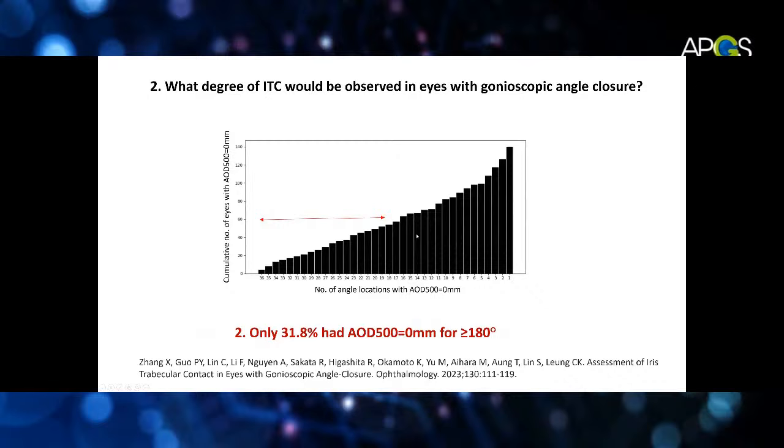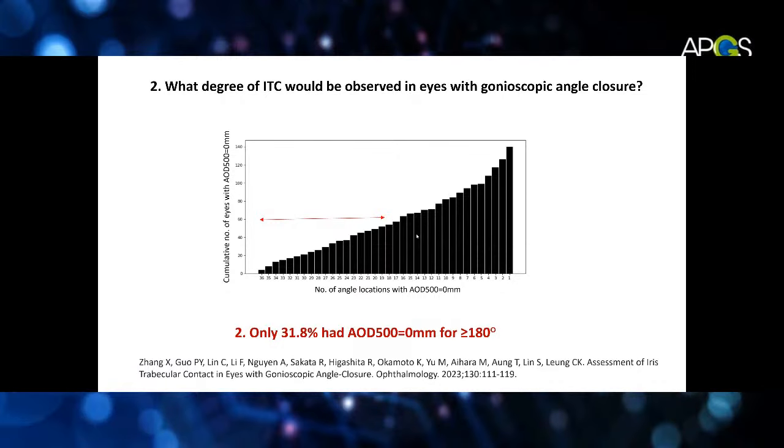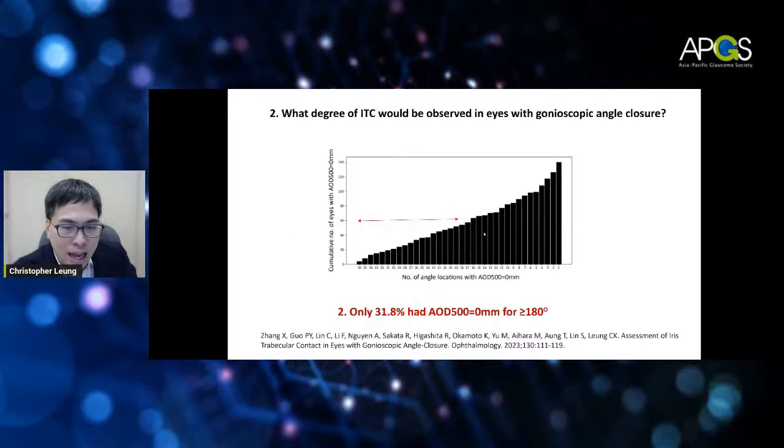The second question that we asked is what degree of ITC would be observed in eyes with gonioscopic angle closure. Notice that's a very interesting finding, because although all these eyes, by definition, had angle closure, meaning that the trabecular meshwork was not visible for at least 180 degrees, when we look at their OCT, only about a third of them had ITC, iris trabecular contact, for at least 180 degrees.